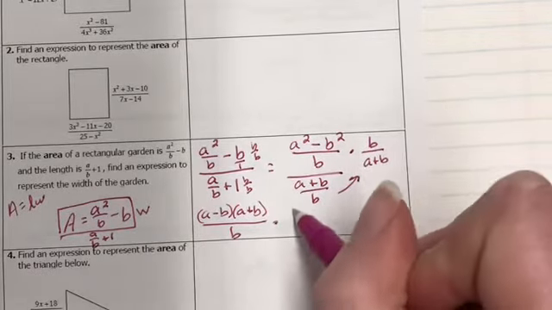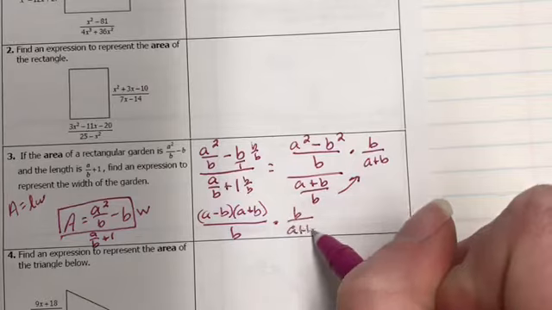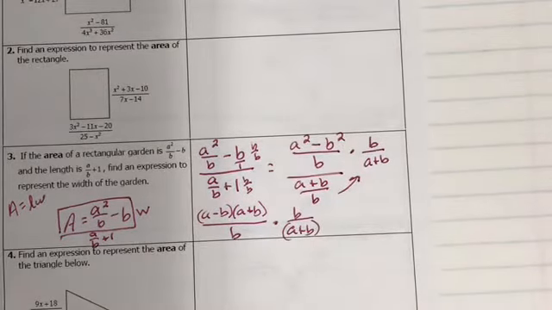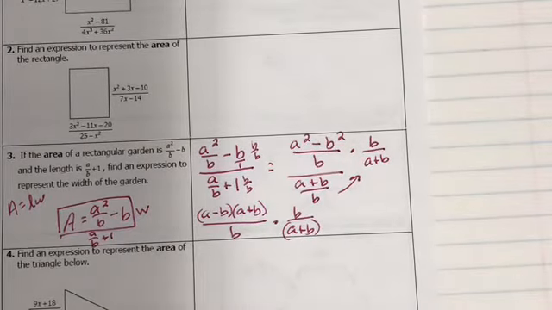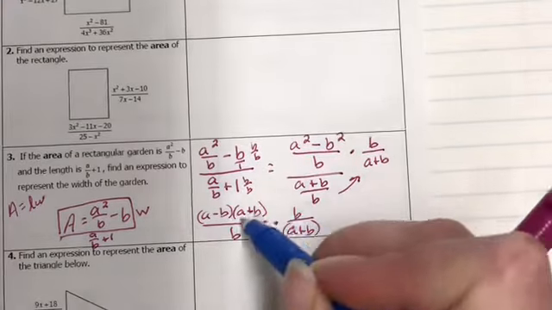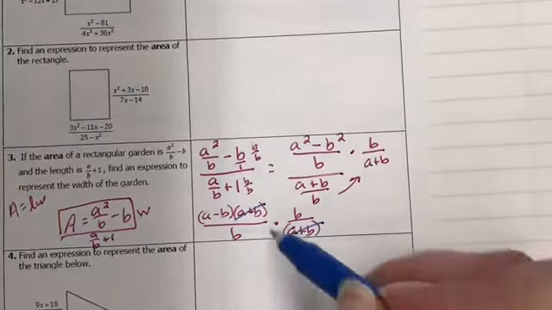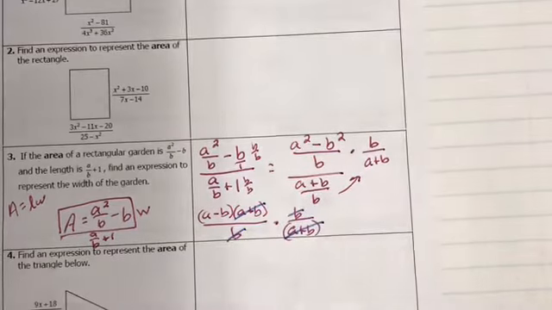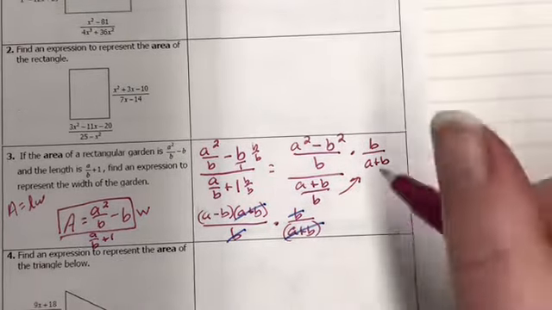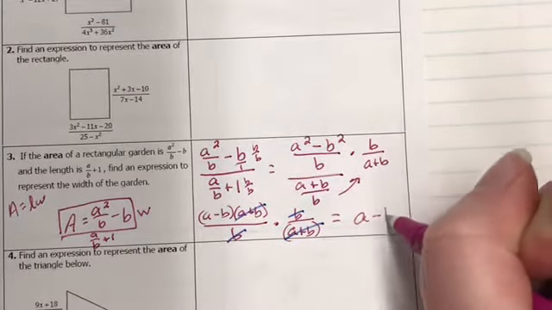And then this other one, I'm just going to put this a plus b in the denominator in parentheses. And so looking at this, I know I can cancel the a plus b's, and then I can cancel the b's this way. So my answer would just be a minus b.